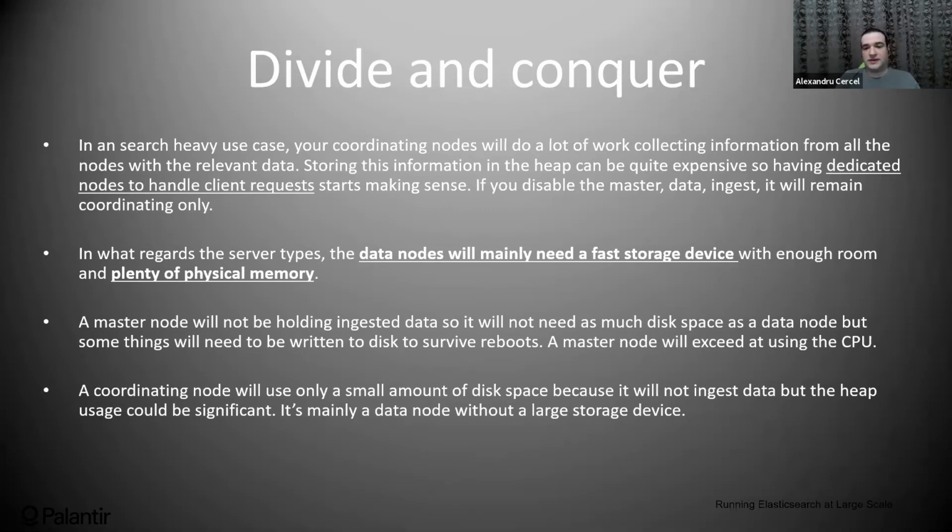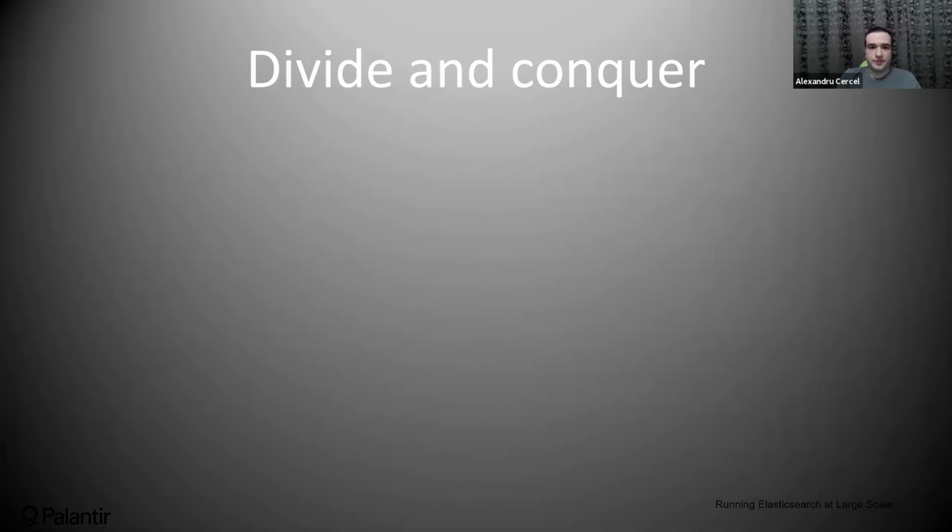But what the master node excels at is using CPU. A coordinating node will only use a small amount of disk space because you're not writing anything on it, but it will use quite a considerable amount of heap. So it's basically a data node without that much storage.